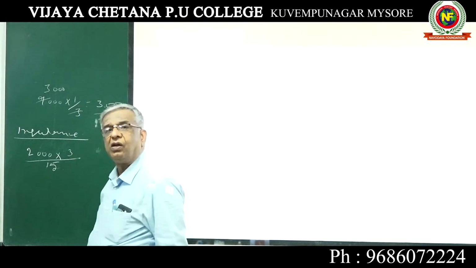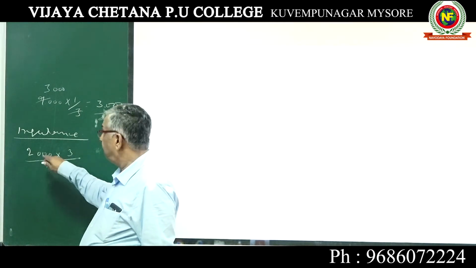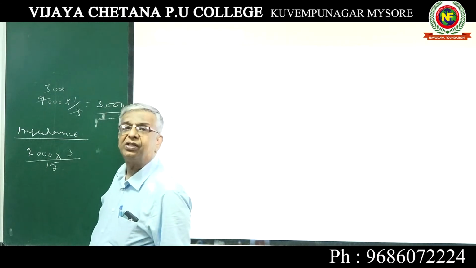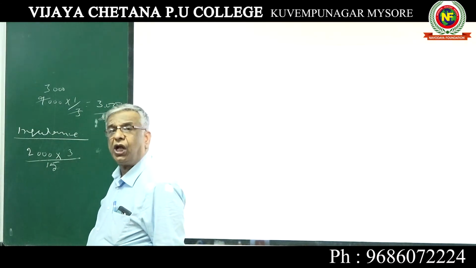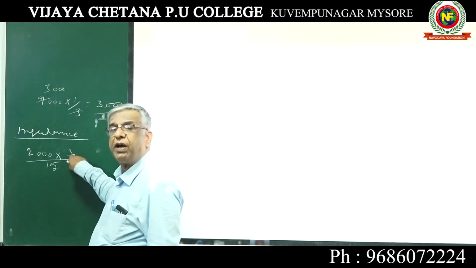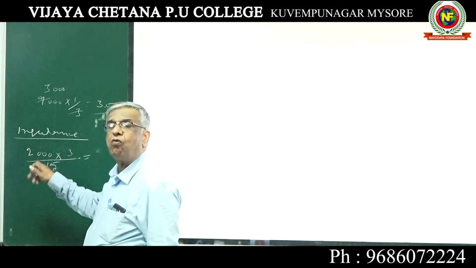So you have to see here carefully. 2000 rupees they have paid for how many months? 15 months. But we want to take only for 12 months. So therefore for 3 months they are paid in advance. So now we have to find out how much for 3 months.